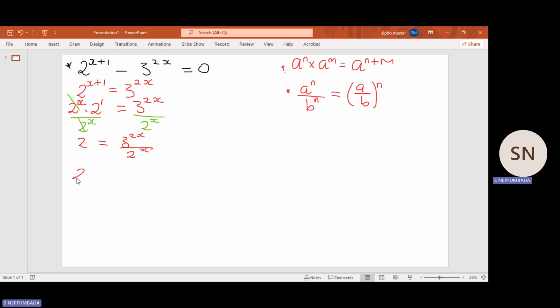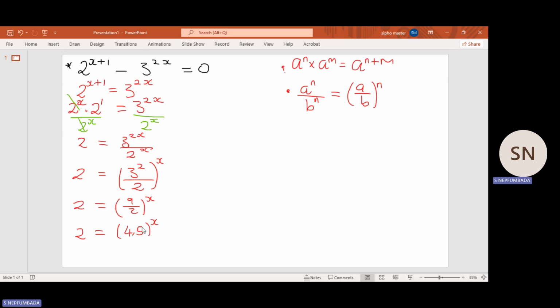So we're going to have 2 equals 3 to the exponent of 2, divided by 2, all raised to the power of x. This is the same as 9 over 2 raised to the power x. Then 9 over 2 is nothing but 4.5, raised to the power x.